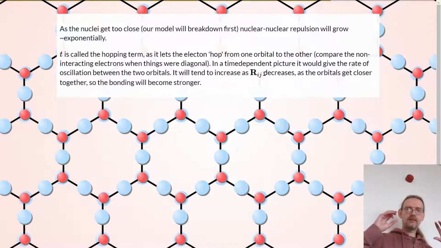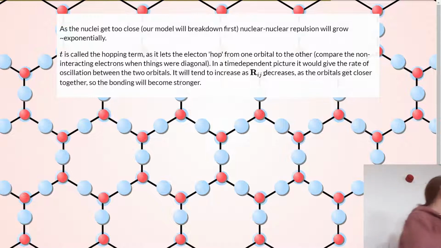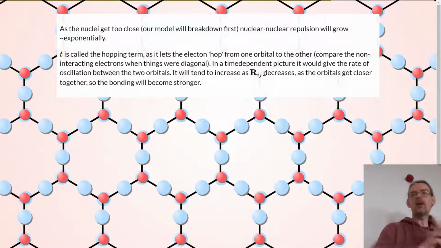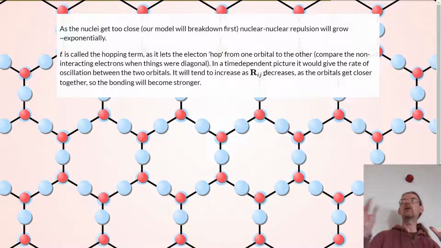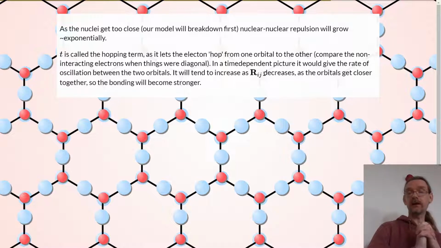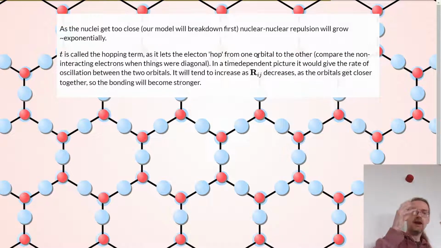Now these things in our Hamiltonian, they depend on how close the atoms are together, so how easy it is to hop from one site to the other, and what the interaction energy is with the other nucleus. So as we alter our distance, the repulsion changes, and also the binding, this interaction increases.